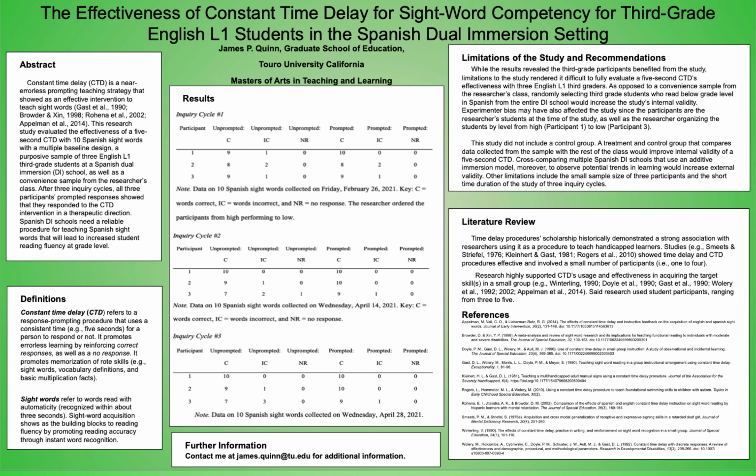And this study used 3 inquiry cycles where the results show that all 3 participants benefited from the intervention, with unprompted correct responses first. They are ordered from highest reading level, participant 1, to lowest reading level, participant 3, and then participant 2 in the middle.